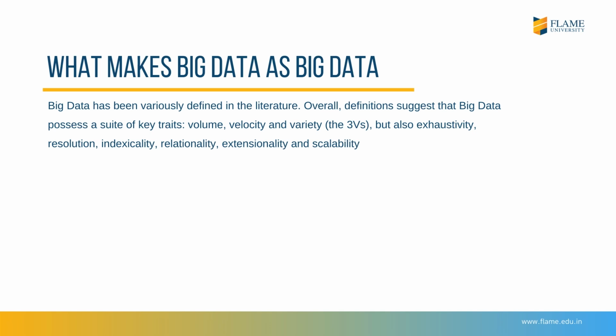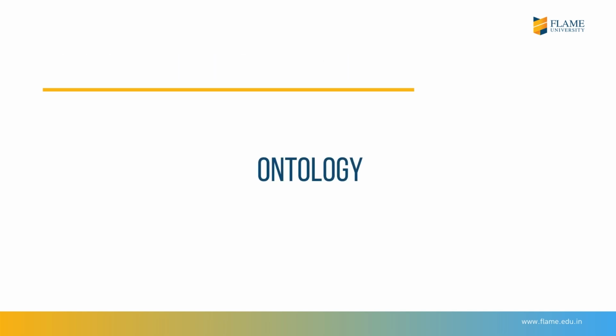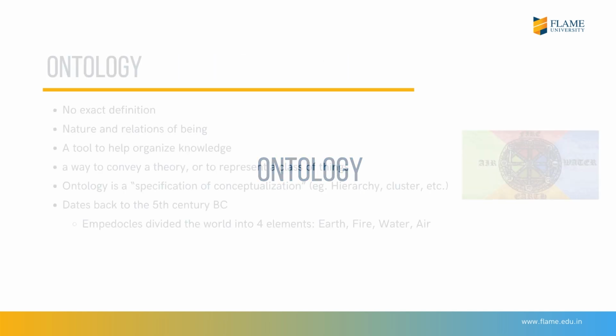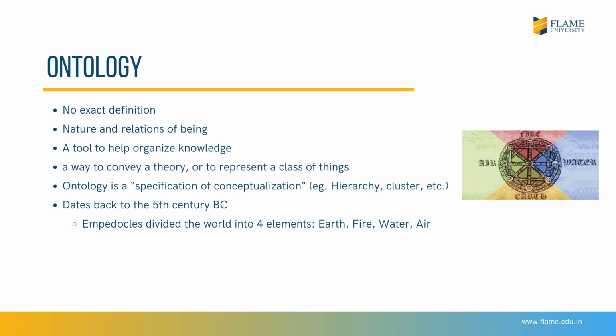So now let's look at one of the key working principles behind the idea of big data. What establishes its volume, its size, and most importantly, the variety or the linkage between the data points? One of the methodologies, one of the working principles that guide this is the concept of ontology. So, what is ontology?